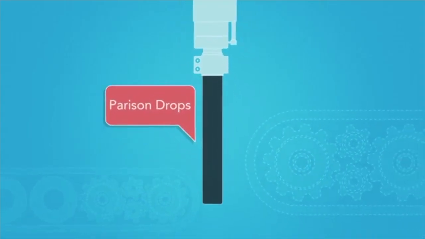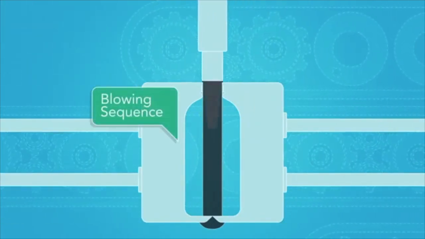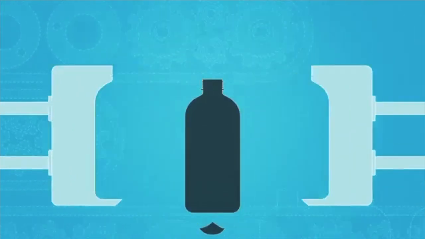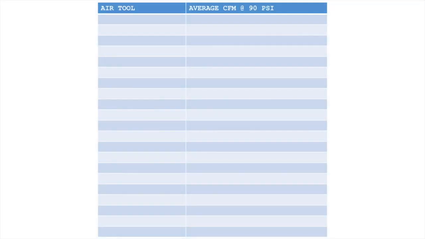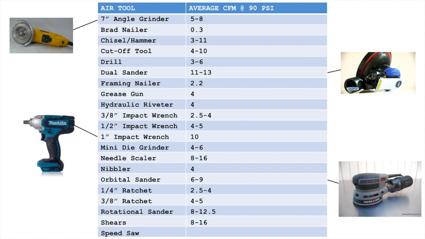Plastic products like milk jugs are formed using compressed air to push material into a mold, and this is called blow mold extrusion. So for the processes I just mentioned, the compressed air needs are going to be large and continuous. This chart shows the average flow used by compressed air hand tools measured in cubic feet per minute, or CFM.